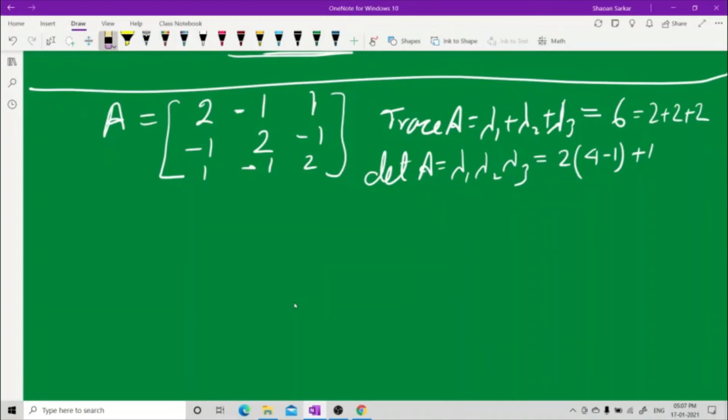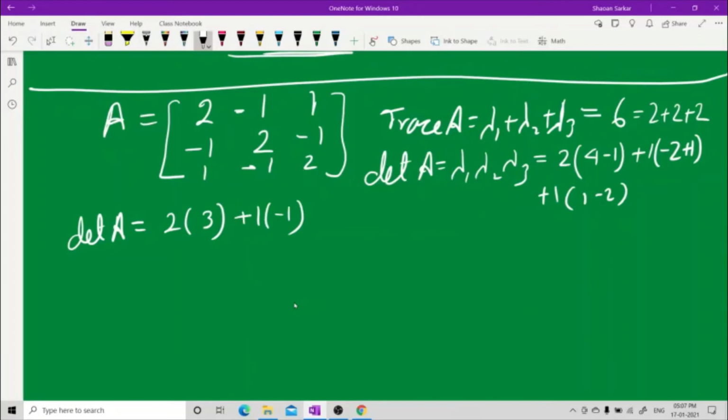Then we have -2 plus 1, and then plus 1 times 1 minus 2. So your determinant A is 2 times 3, then minus 1, plus 1, minus 1, and plus 1 minus 1. This is 6 minus 1 minus 1, which is nothing but 4.